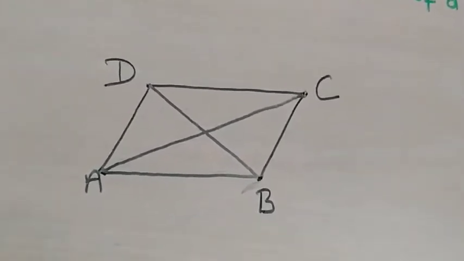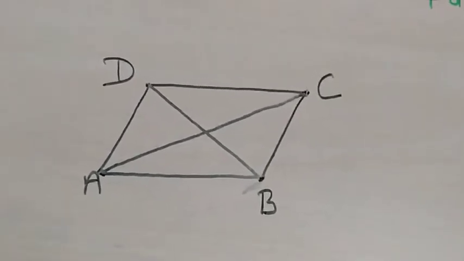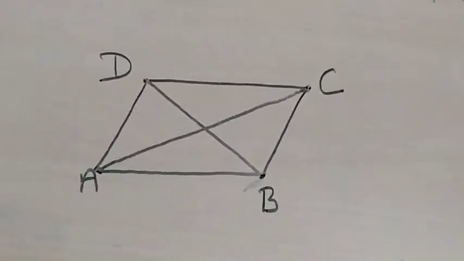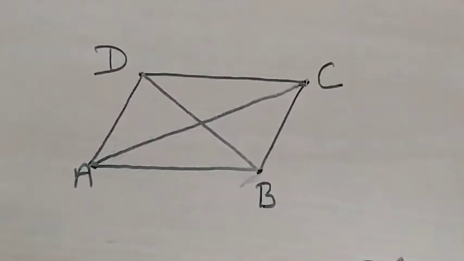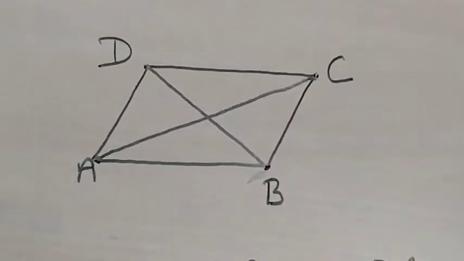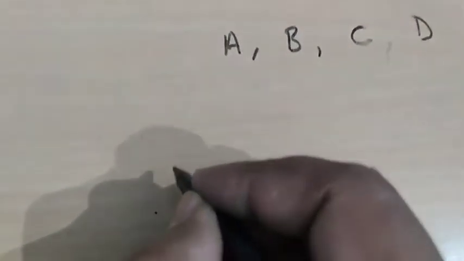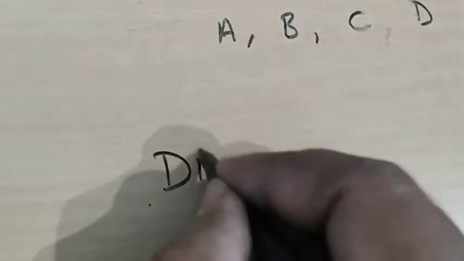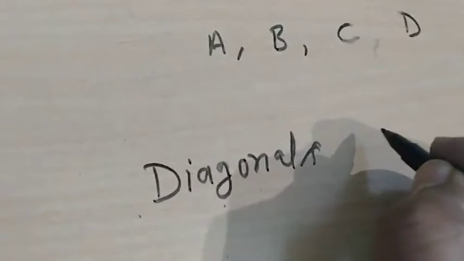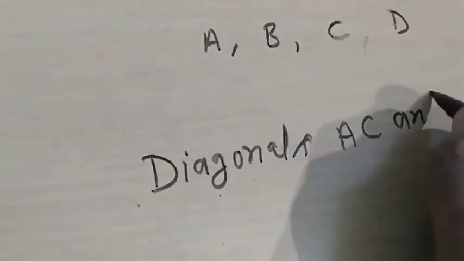So in this way, in quadrilaterals, in these four-sided polygons, we find that we have two diagonals. Four vertices, four sides. Here you can write the diagonals: AC and BD.